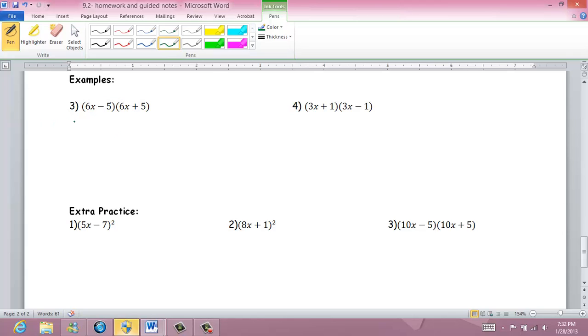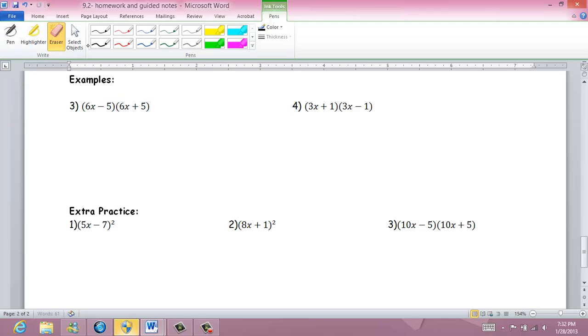Now, if I look at this problem, I see that this term has 6x and a 5. This term has a 6x and a 5. But when I look at what they're linked by inside their quantities, I have a negative and a positive.